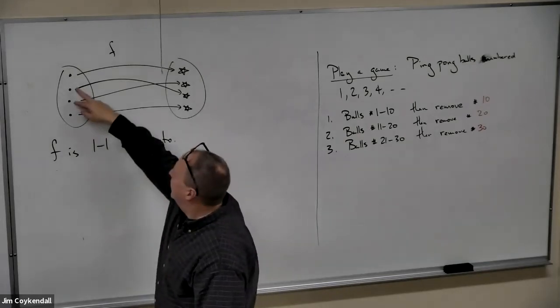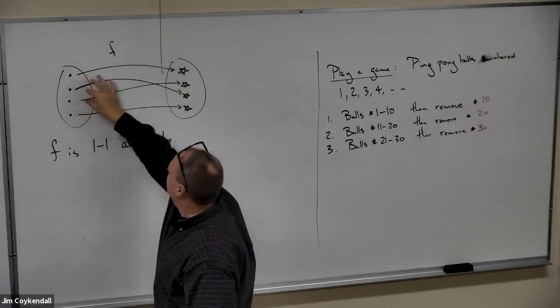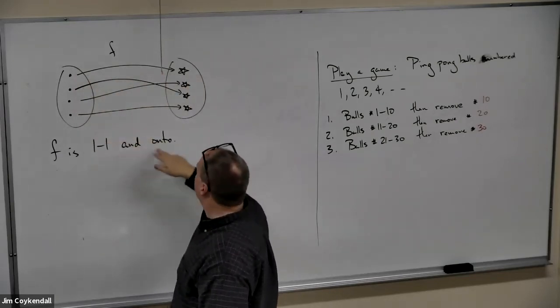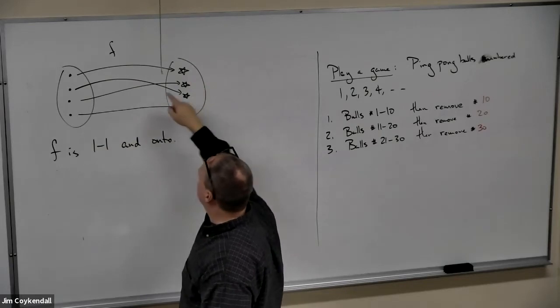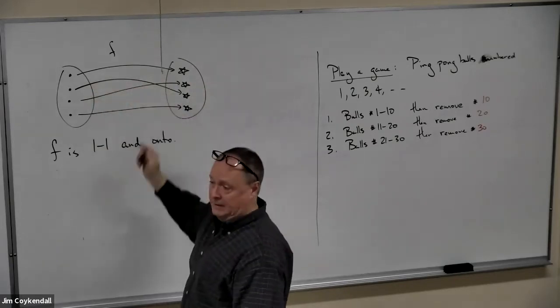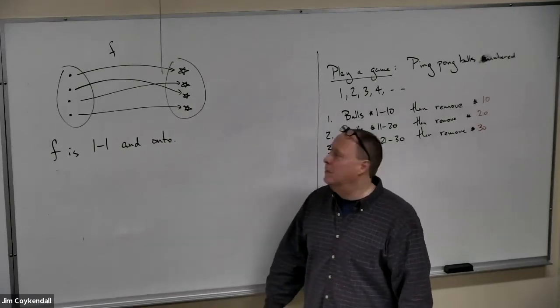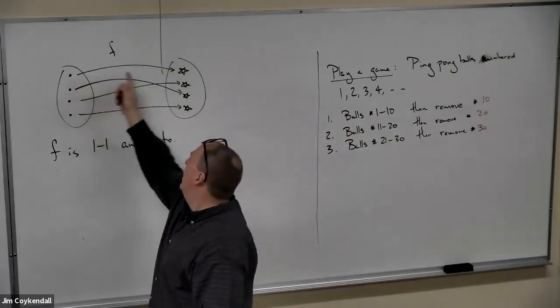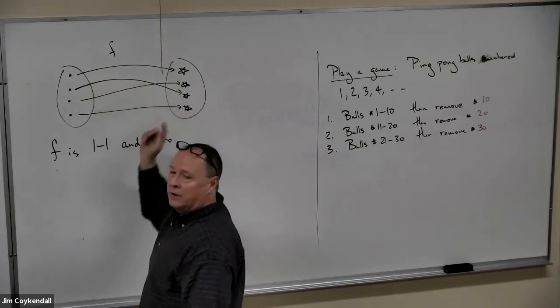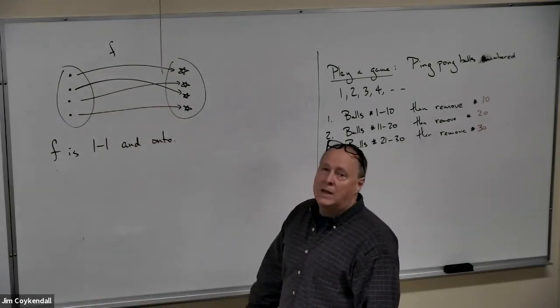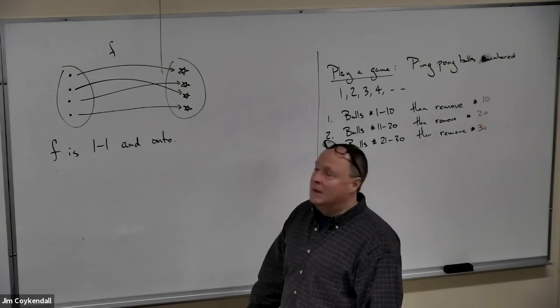The 1-to-1 part means no 2 things over here can go to the same thing. And onto means every star over here is covered by a dot, right? Another way to put this is everybody is paired up, right? Every dot gets a unique star under this function, right? This is the way that we count the infinite, right?